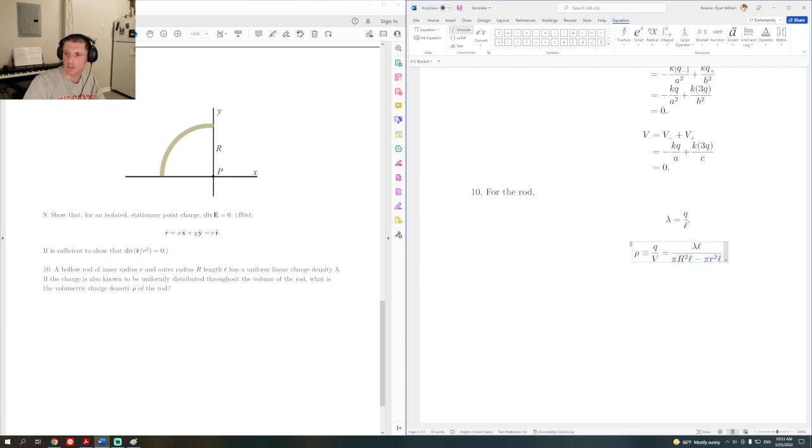And so you should find something like this works out to be lambda L, and then we can do some factorization here. We can write pi L times big R squared minus little r squared. And we find actually that the L's cancel, so it just works out to be this.